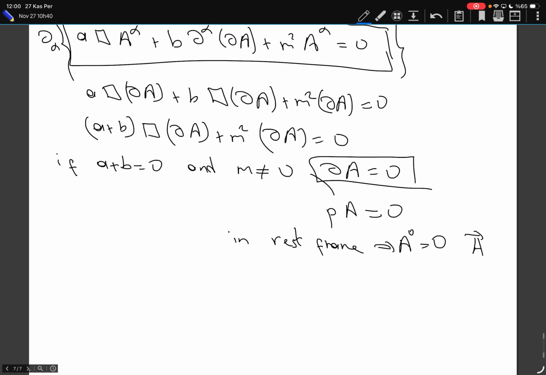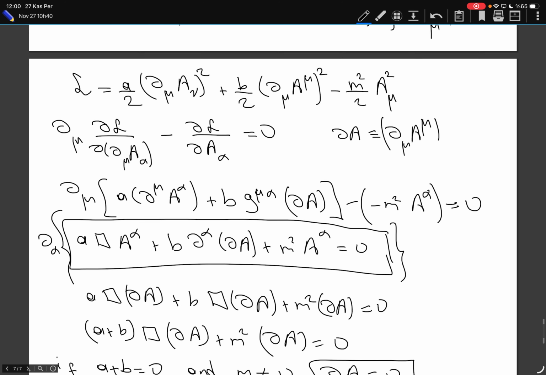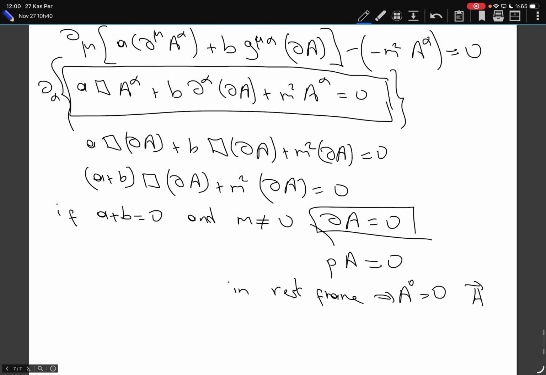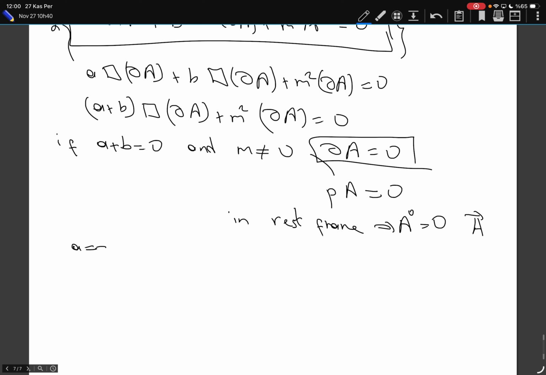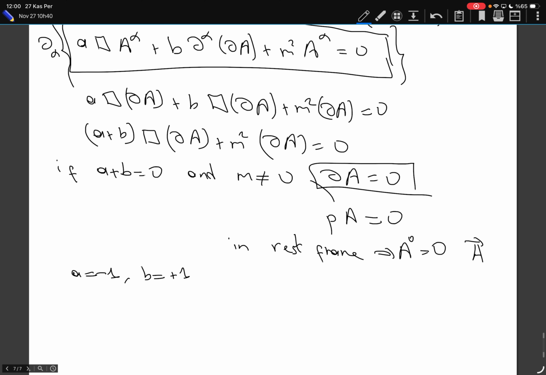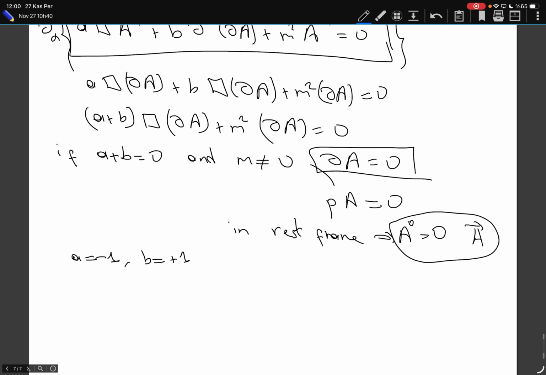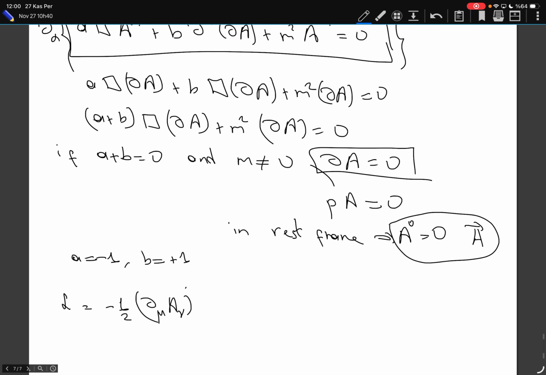Well, so my Lagrangian is now, conventionally, what we do is A is minus 1, B is plus 1. Why? Because you see, in this reference frame, it is the space components that I'm interested in. When A is equal to minus 1, in this term, you see, I have the space components A1, A2, A3 have a positive sign.